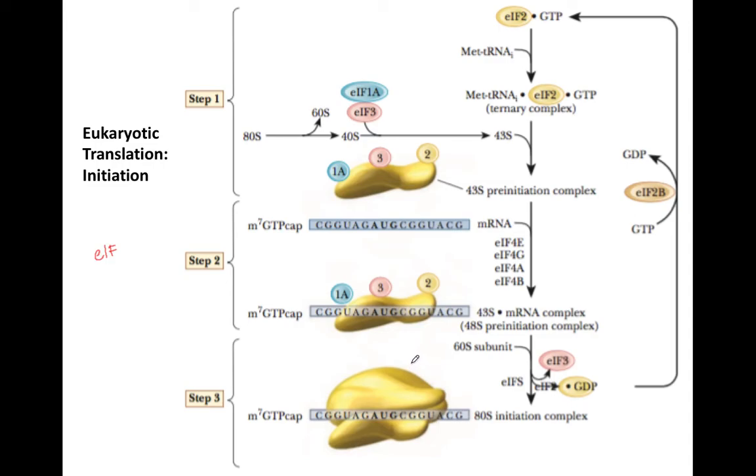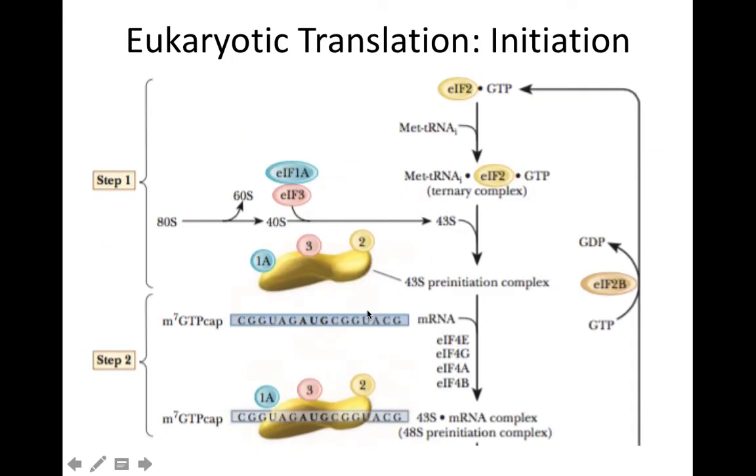If you remember in prokaryotes, the Shine-Dalgarno sequence is important to align your mRNA with the small subunit. In eukaryotes, it is the 7-methyl GTP cap that helps in aligning the mRNA with the 18S rRNA of our small subunit.